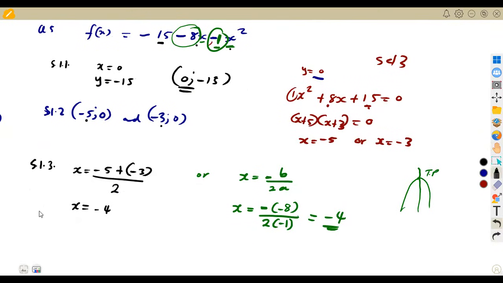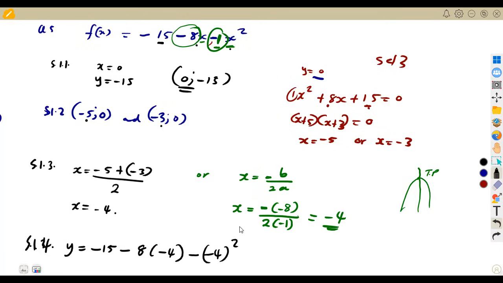So in order for us to have the value of y at the turning point, or the maximum value, we simply substitute the value of x that we got here, which is minus 4. So y is going to be, in place of x, we substitute minus 4. So there is minus 8x there, minus 8 times minus 4, minus x squared, which is minus 4 squared.